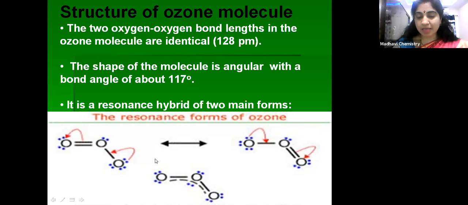This is a resonance hybrid of these two resonance structures. These two are called resonance structures and this is called the resonance hybrid.